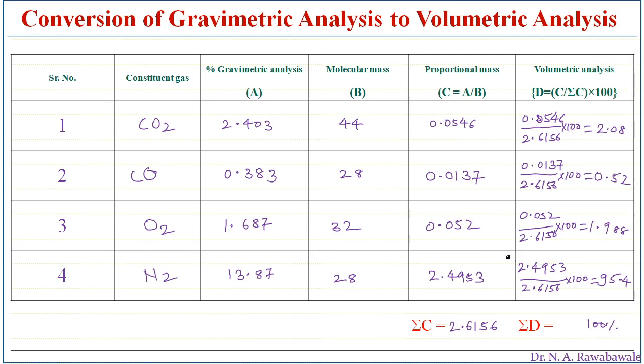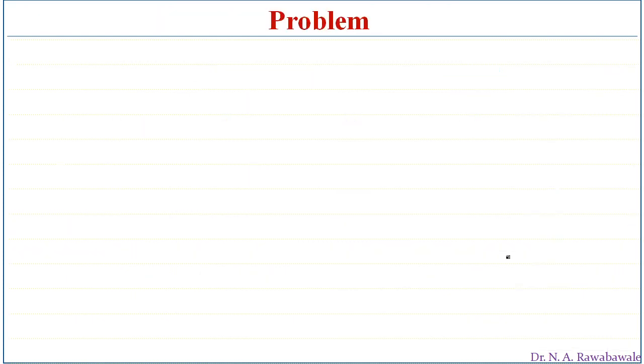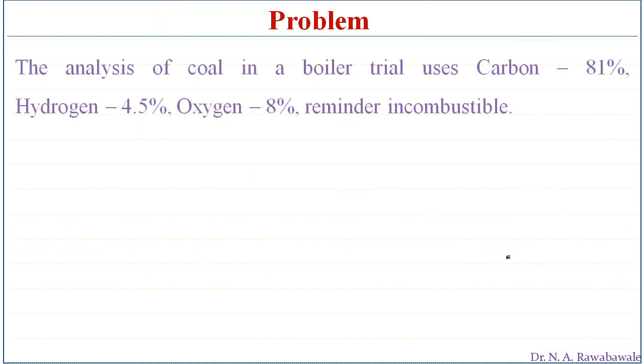Now coming to the next problem. The analysis of coal in a boiler trial gives carbon 81%. So the fuel contains 81% carbon, 4.5% hydrogen, 8% oxygen, and the remainder is incombustible, the contents which are not able to burn.